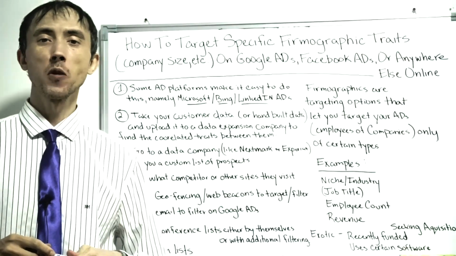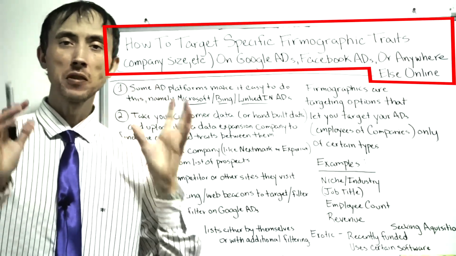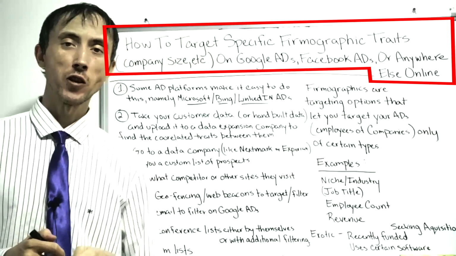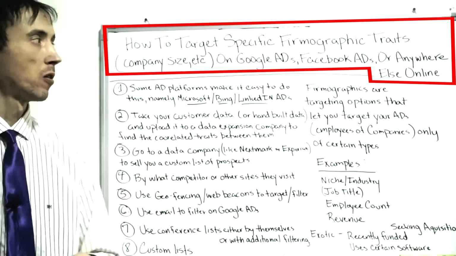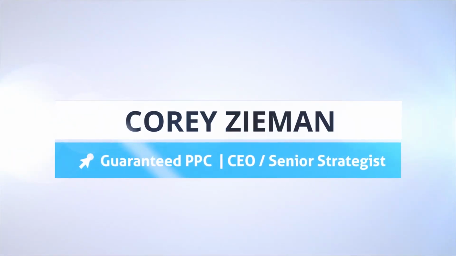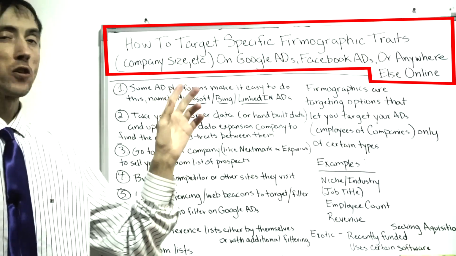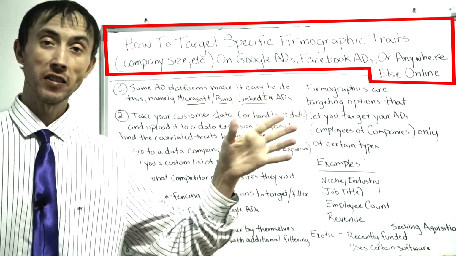Okay, today's video we're going to talk about how to target specific firmographic traits like company size, employee count, revenue, when you're trying to run ads online, basically anywhere.